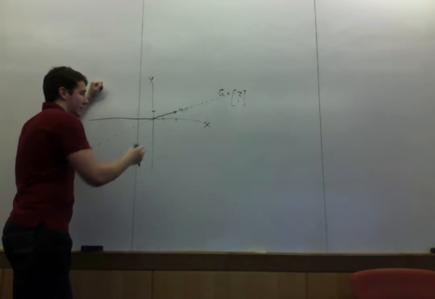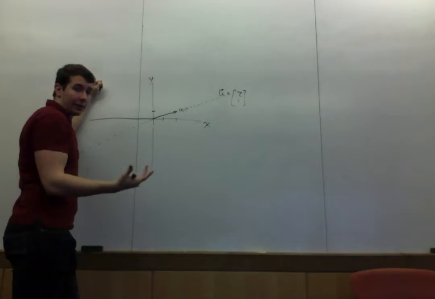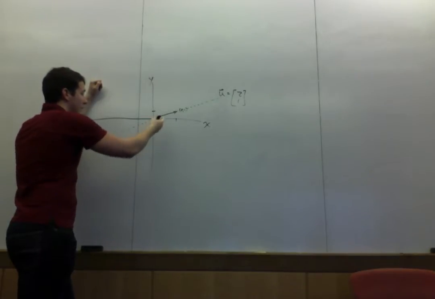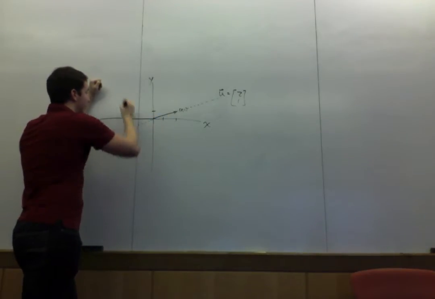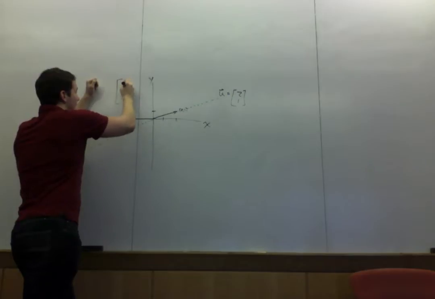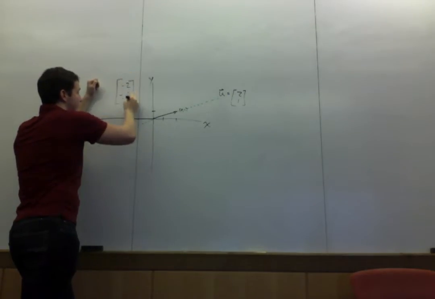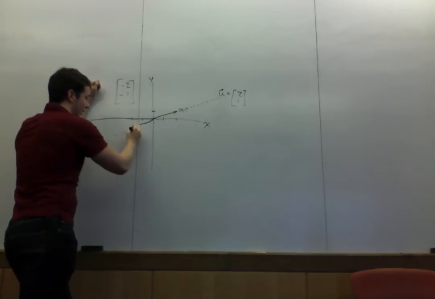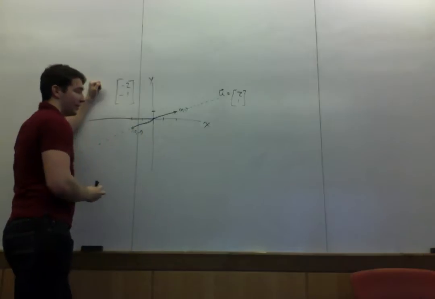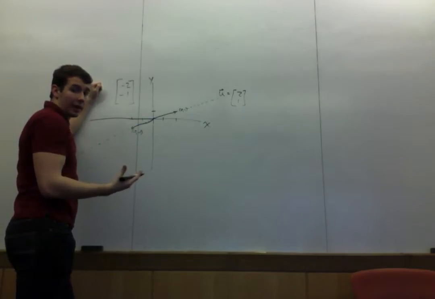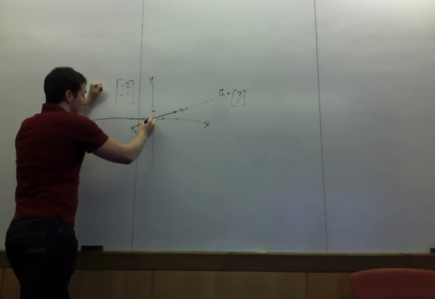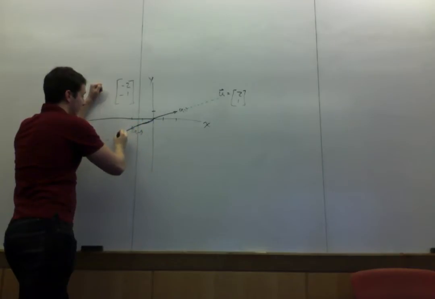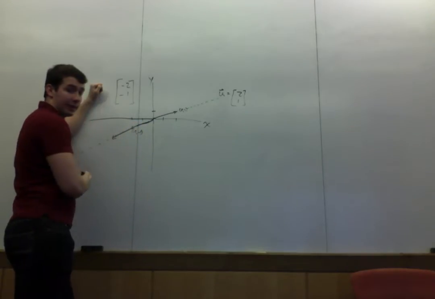For example, I could scale this vector (2, 1) by -1, and I would then get the vector (-2, -1), which would put me right here at (-2, -1). I could scale by -2 and then get the vector that goes to (-4, -2), maybe somewhere out here.